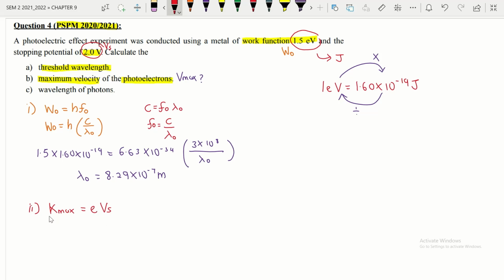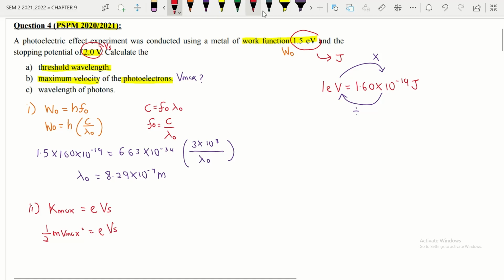And we know formula untuk kinetic energy is half mv squared. So half darab dengan mass of the electron darab dengan velocity of the electron, sorry, this is supposed to be mass, squared, equals to electron darab dengan stopping potential.